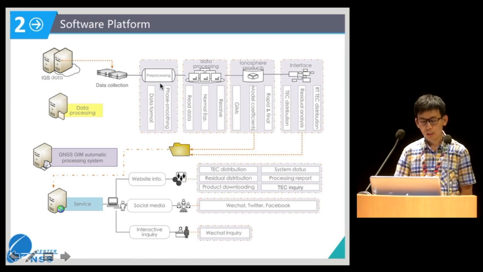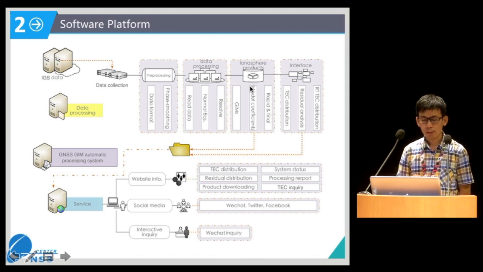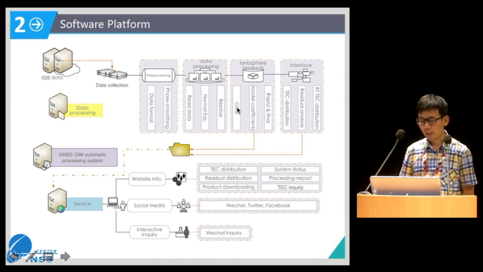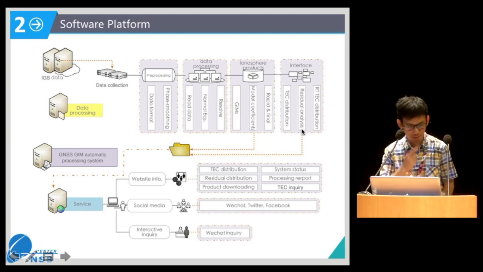With these clean observations, we can form the normal equation. By solving this normal equation, we can get the model coefficients as well as the global aerosphere maps. All these products are written into files and also visualized as figures. These files and figures will then be pushed to another server for the service part.